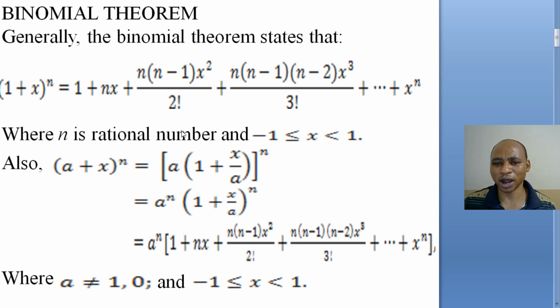1 plus x raised to the power n is equal to 1 plus nx plus n times (n minus 1) times x raised to the power 2, all over 2 factorial, plus n times (n minus 1) times (n minus 2) times x raised to the power 3, all divided by 3 factorial.